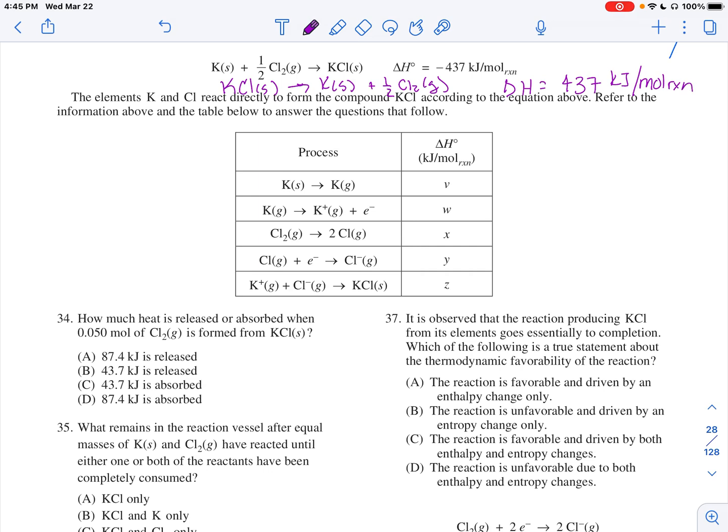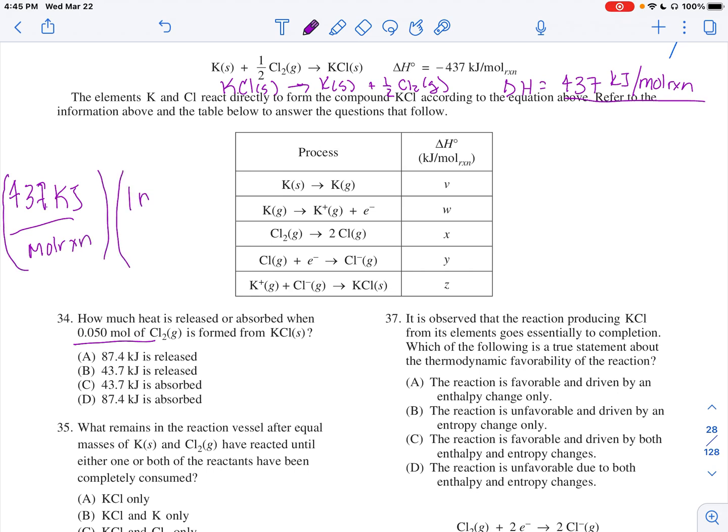You guys are very familiar with these stoichiometry problems. You can set it up by starting with this, or you can set it up by starting with this. It doesn't matter, you will get the same answer. Okay, so I'm going to start with our delta H, 437 kilojoules per mole reaction.